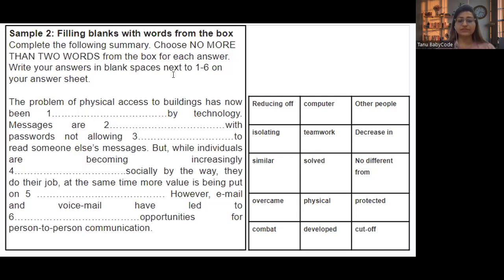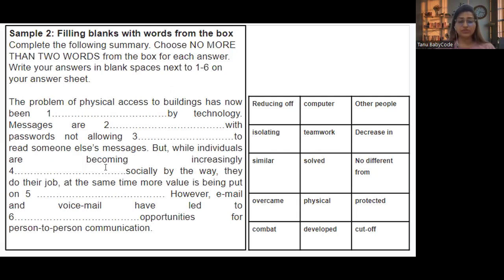The problem of physical access to building has now been dash by technology. So what verb is going to come here? Messages are dash with passwords. So messages are again which verb? Not allowing dash to read someone else. So not allowing, noun.